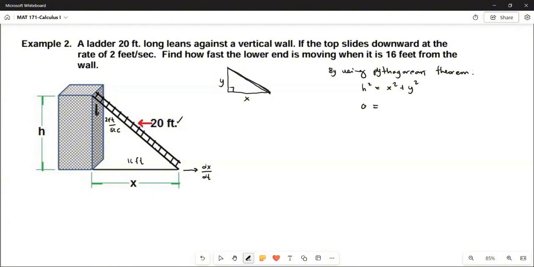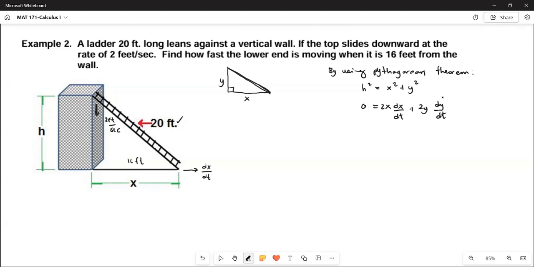Okay? And then yung x squared ay magiging 2x dx/dt plus 2y dy/dt. So, kumbaga, para kang nag-i-implicit differentiation talaga dito.